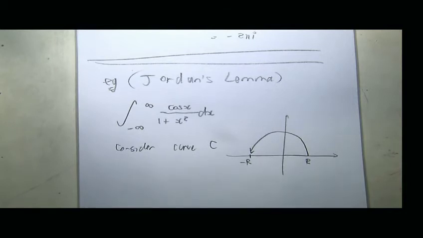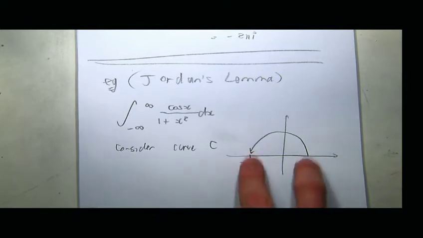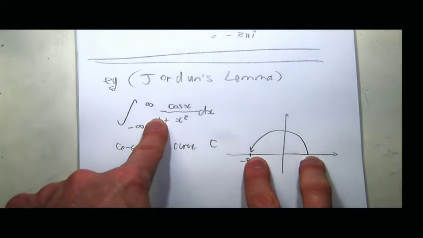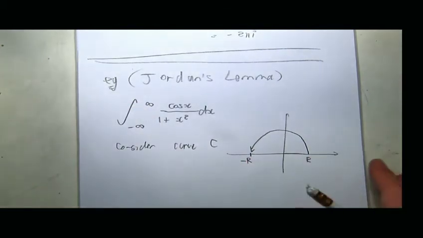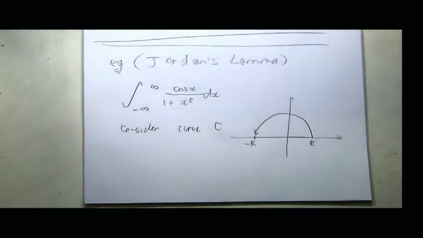It must be the same if it doesn't go through a pole. So this bit here is that integral if r goes to infinity. I think you have to close the curve, so close the curve from minus r to r along the real axis.